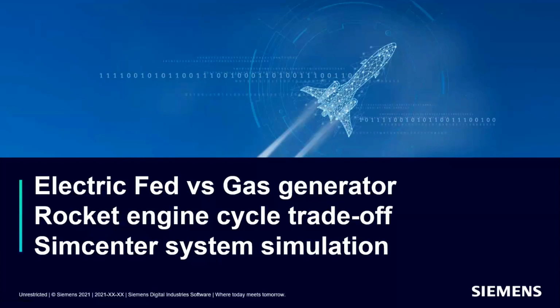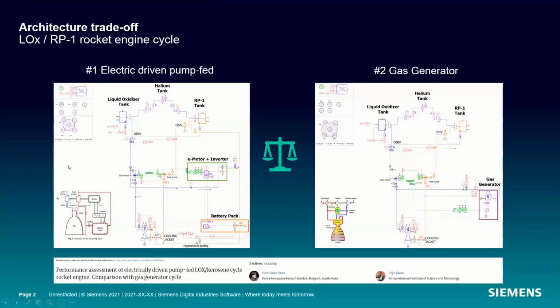Awesome, great. We went through the process realizing that things are becoming more and more electrified, right? So we used different references and analyses that the industry has been looking at, the difference between maybe an electric-fed versus a gas generator rocket design, and used system simulation to see the trade-off or benefit between the two.